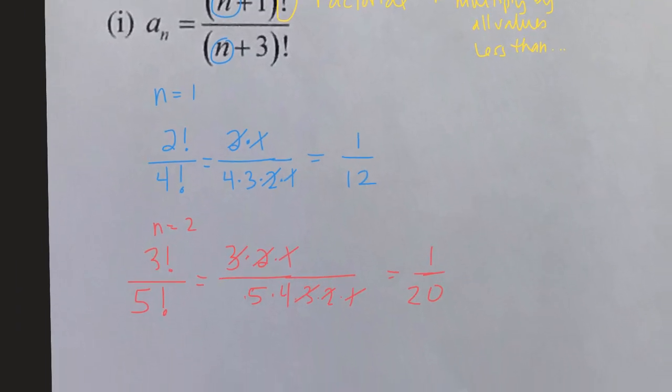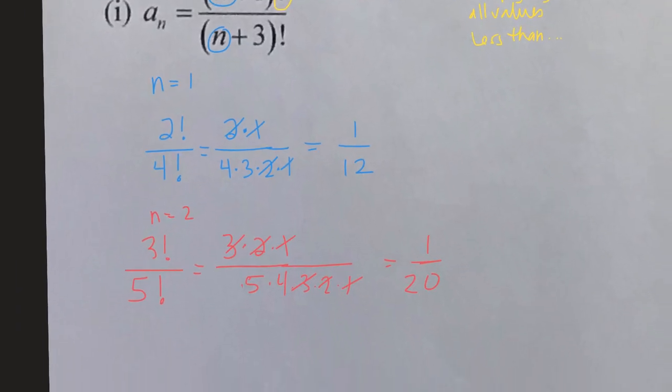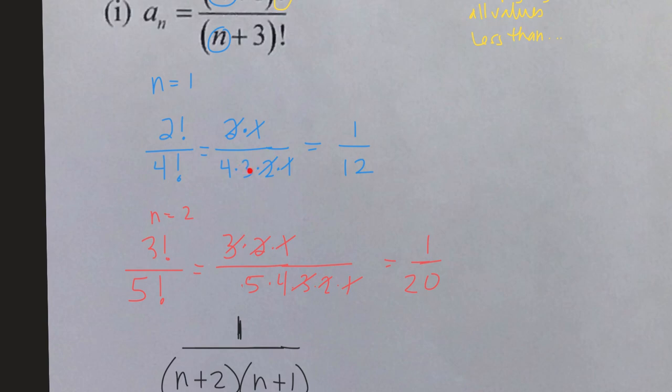Okay, so do we see a pattern here? How can we figure out what our denominator is? The numerator is always going to be 1. And what two numbers are we multiplying together? N plus 2 and n plus 1. The first two numbers we're multiplying together. So we had 3, right? 3 is 1 plus 2, and 4 is, well, that's not right, is it?